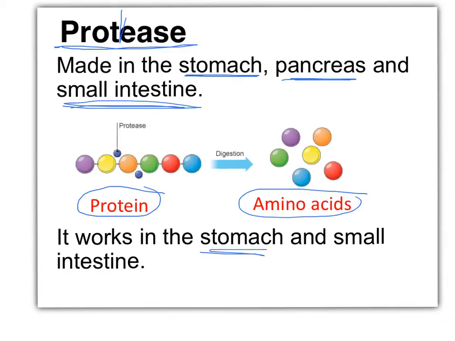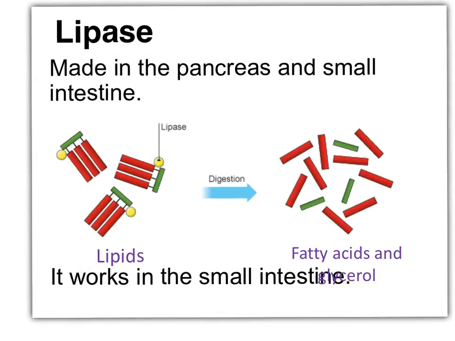It works, so it breaks down proteins in the stomach and the small intestine. So when in doubt in an exam question, small intestine is probably your best bet as to where something is made or works.